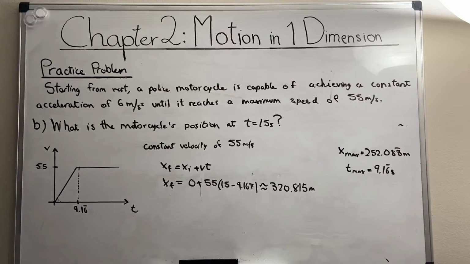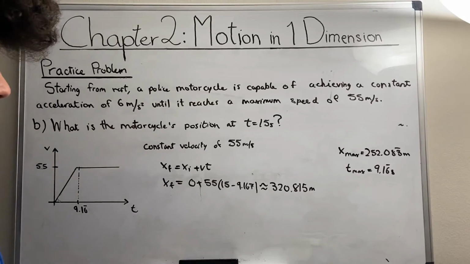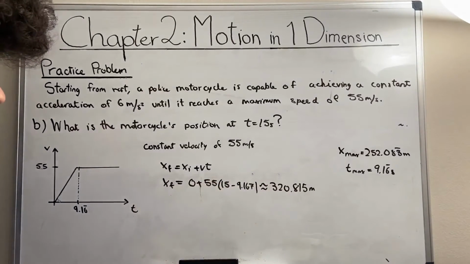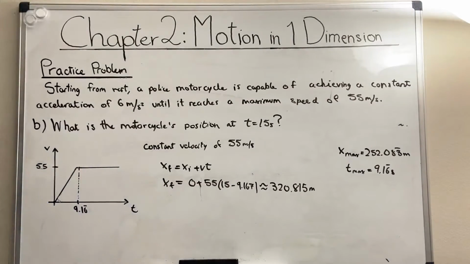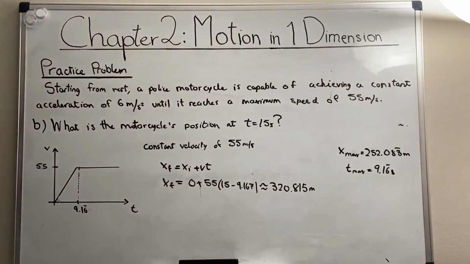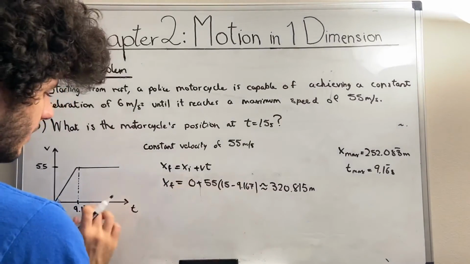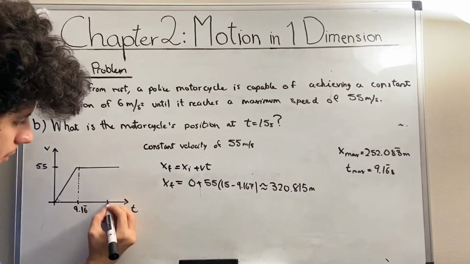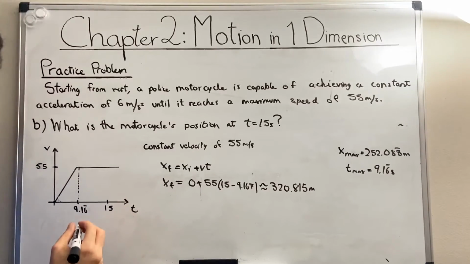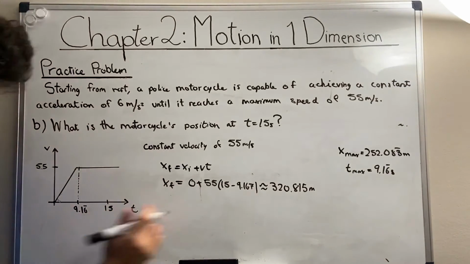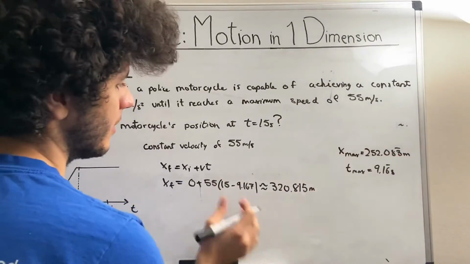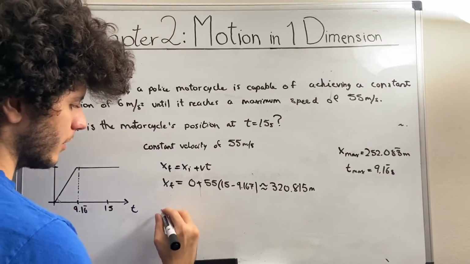Okay, so we have our final position, right? But we do need to consider one extra thing. This is the final position for just 9.16 until 15 seconds. But what about before this distance? We also have to include it in our answer.